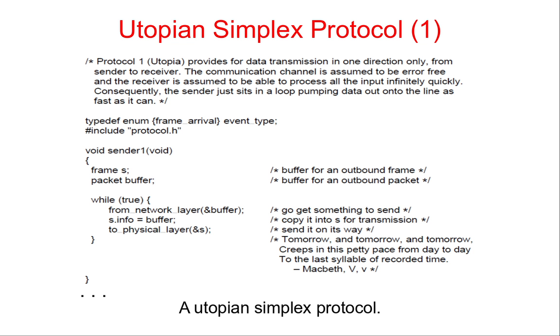And the third assumption is that the receiver is able to process all the input infinitely quickly. So there is no flow control and no error control required at the data link layer. That's why the sender, as it has unlimited capacity and the channel is error free, simply pumps out the data in an infinite loop as fast as it can.